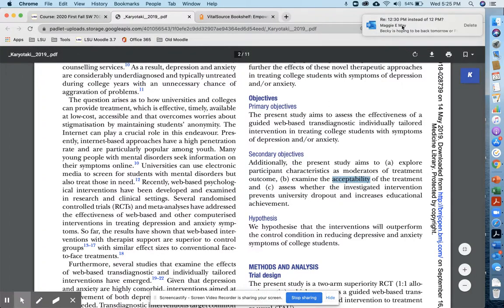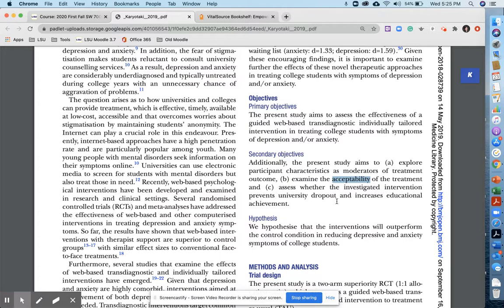Then, lastly, they want to know if the intervention affects two other outcomes. Does it prevent university dropout? And does it increase educational achievement?